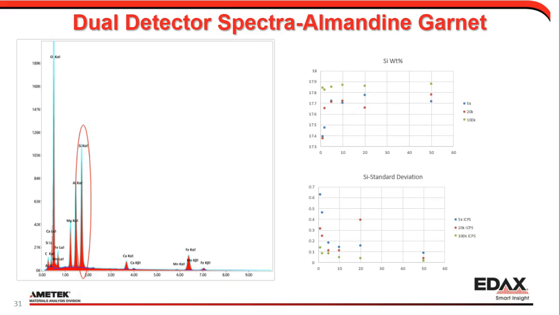At low count rates and short acquisition times, you have a lot of variation in the spectra, but as you count longer, that variation drops down, the standard deviation decreases, and when we go to something like 50 seconds, we are closing in on the different count rates. So all this really shows is that the longer you count, the better statistics, the better results you get. And of course, if you have two detectors, to get the same statistics, you would only need to count half as long.